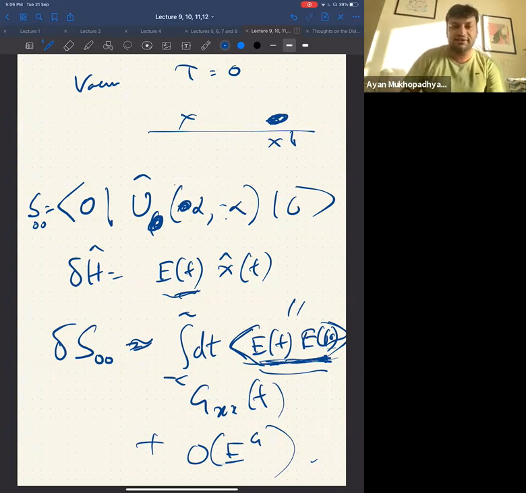That was actually a classical computation. Nobody had quantum field theory when Rutherford did the original computation. So it has a classical limit, but it's an answer to a different question: the change in the scattering that happens because of this.